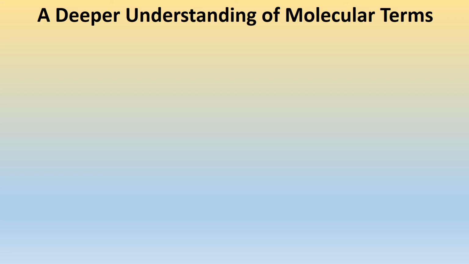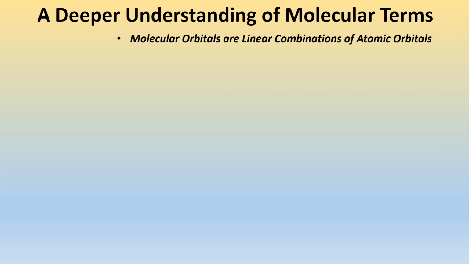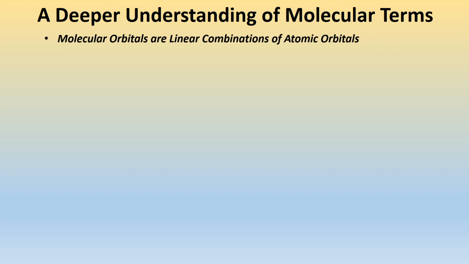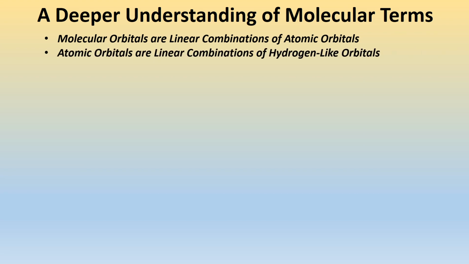We now have to go into a deeper understanding of the molecular term and the nature of the molecular structure and bonding. First of all, if you recall, molecular orbitals are linear combinations of atomic orbitals. These atomic orbitals themselves are linear combinations of hydrogen-like orbitals.